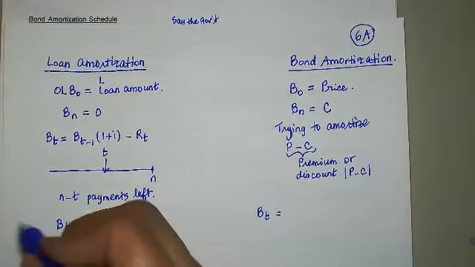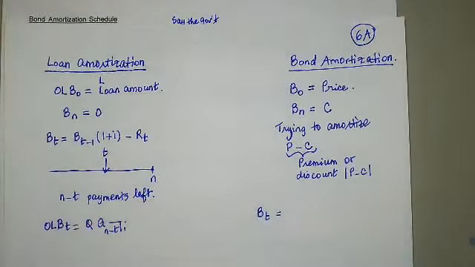Okay, so now I ask you, what do you think is the book value of this bond in a similar vein? B T, go. We used to call this OLB T, right? Now we call it B T for book value at time T. What do you think?